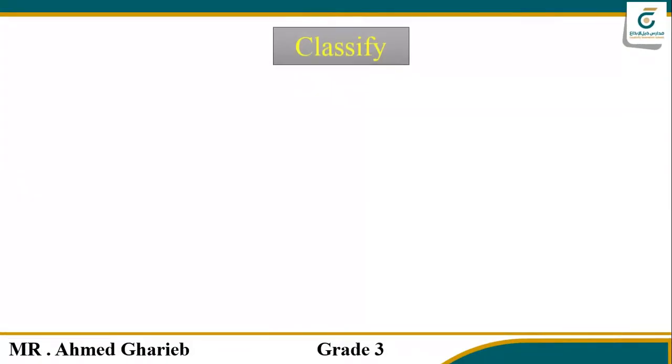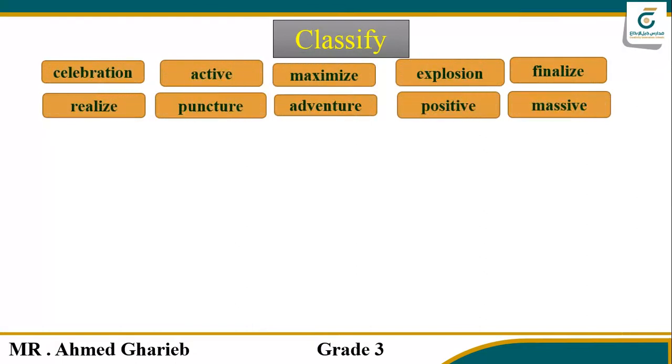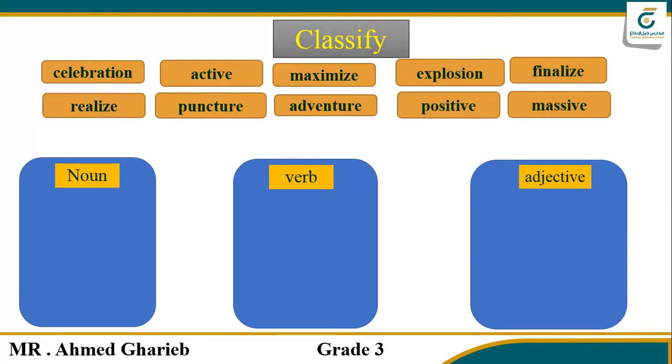Okay, let's practice. We have a group of words. We want to classify them into noun, verb, and adjective. The first word is celebration. Let's look at the suffix, the ending of the word. It's shun, and we learned today that a word ending in shun is a noun.